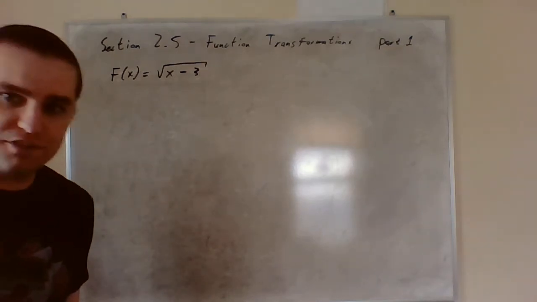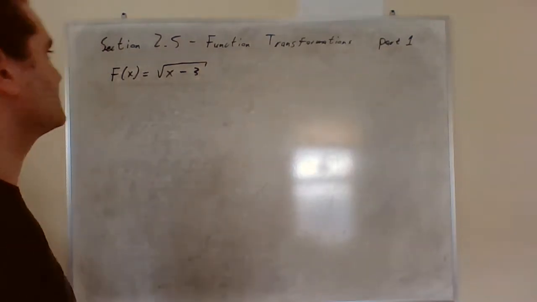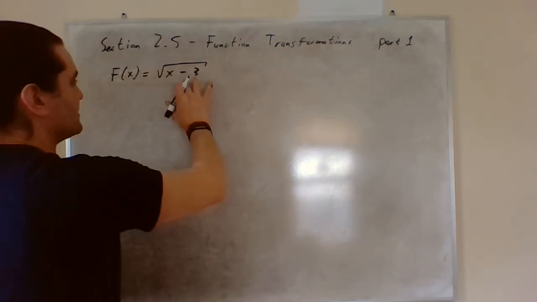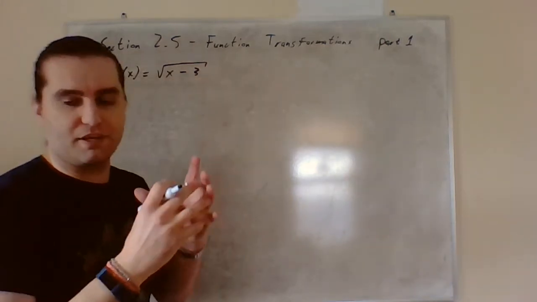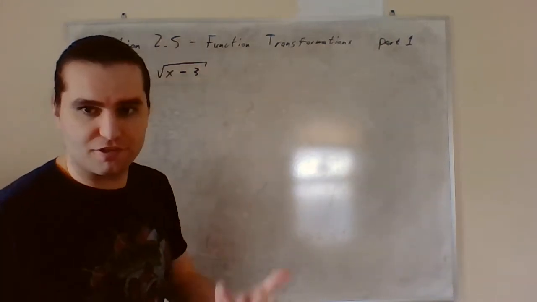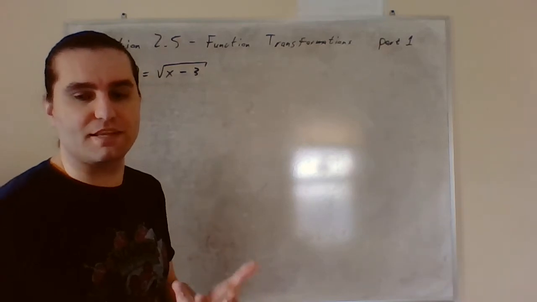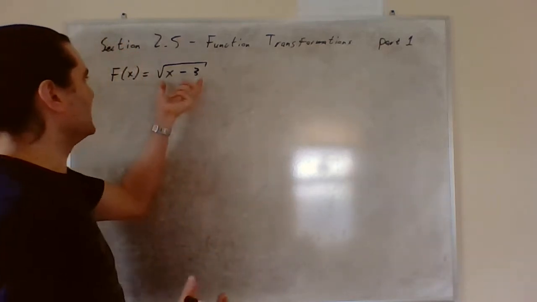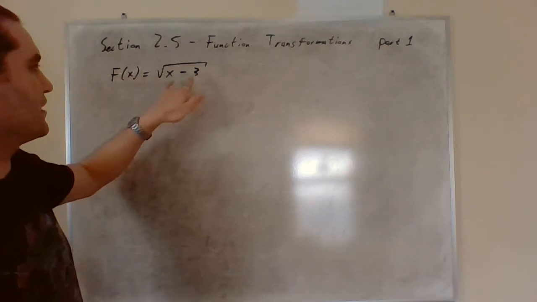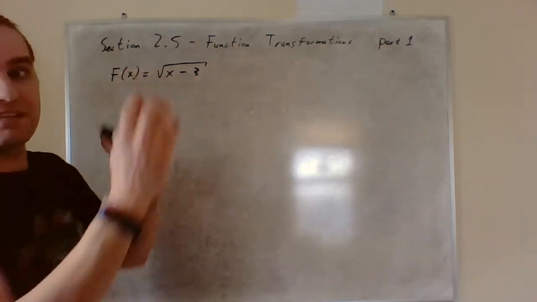This is a slightly more interesting kind of transformation because instead of this addition or subtraction piece happening after the function has already done its thing, like outside the function, this is now happening inside the function. I've got this minus 3 inside the radical here.